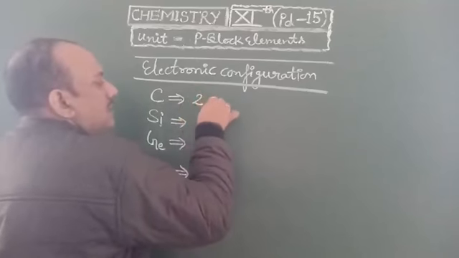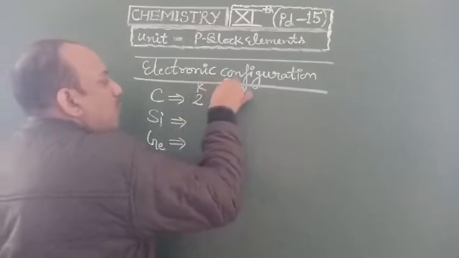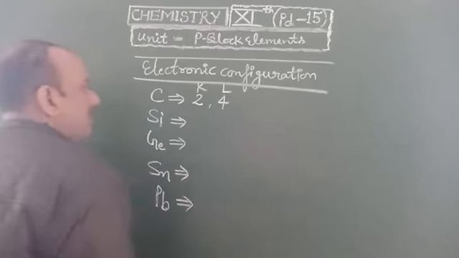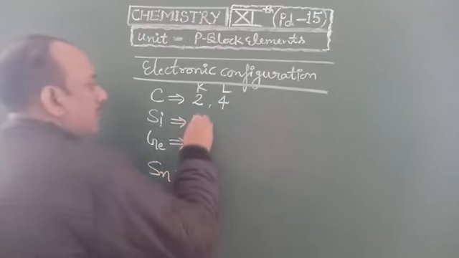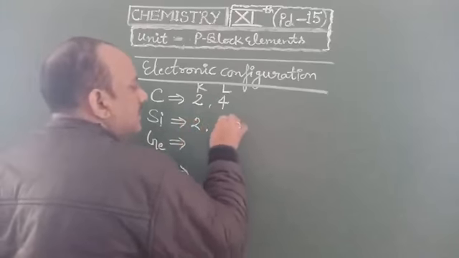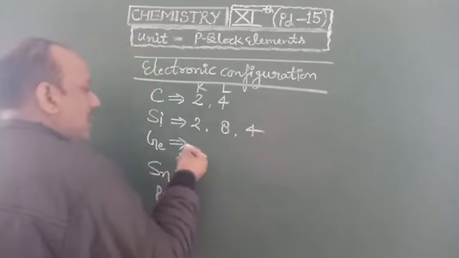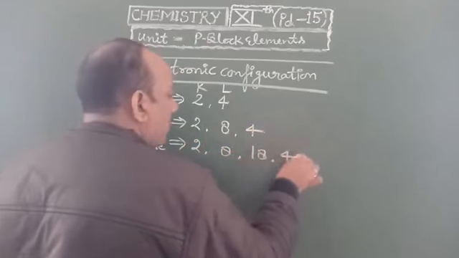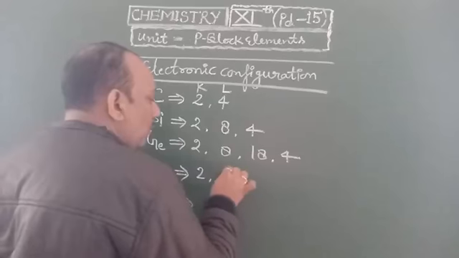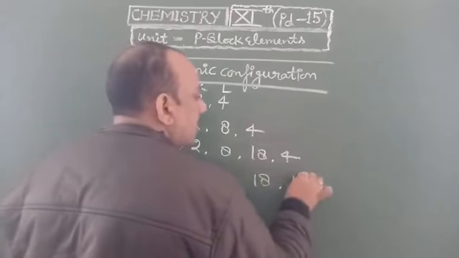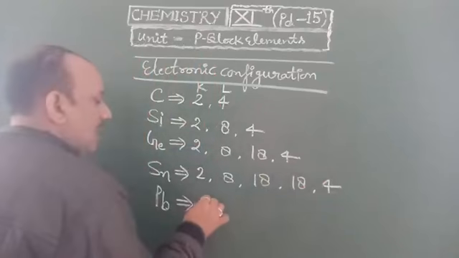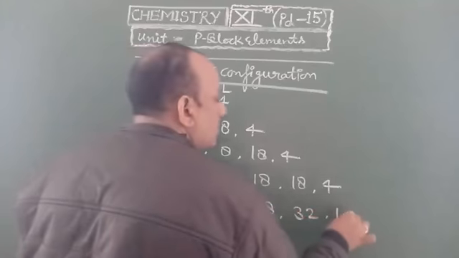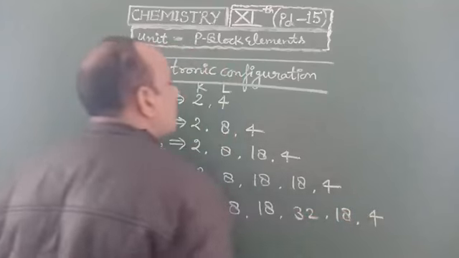So, for carbon it is 2 and 4; it has 2 orbitals, K and L, and one orbital is added as we go from upward to downward in this group. So 2, 8 and 4 for silicon; for germanium 2, 8, 18 and 4; for tin 2, 8, 18, 18 and 4; and for lead 2, 8, 18, 32, 18 and 4.